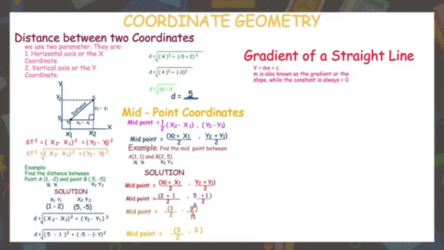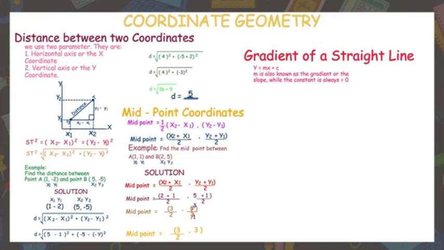What is this m? This m is the gradient. Another word for gradient is slope. This is the slope of a straight line.